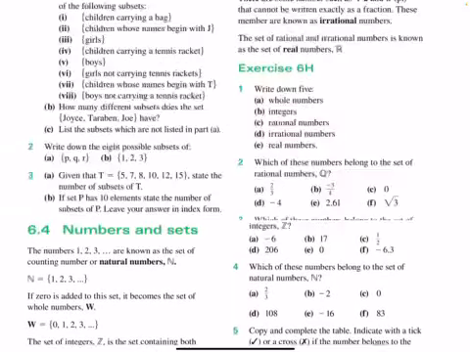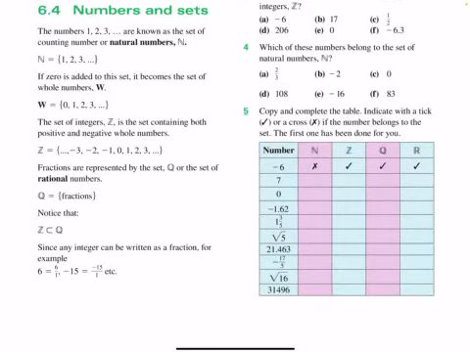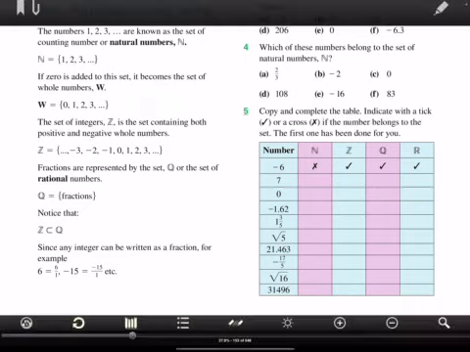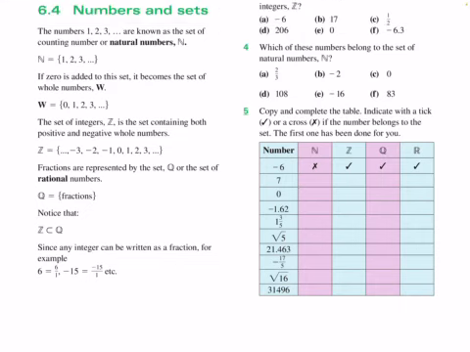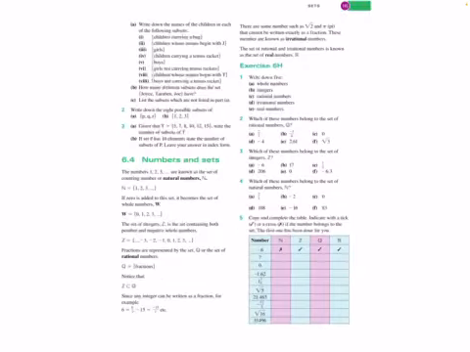So if you look at the table of 6H, exercise 5, the number 7 pertains to the natural numbers, the integers, the irrational numbers, and the real numbers.